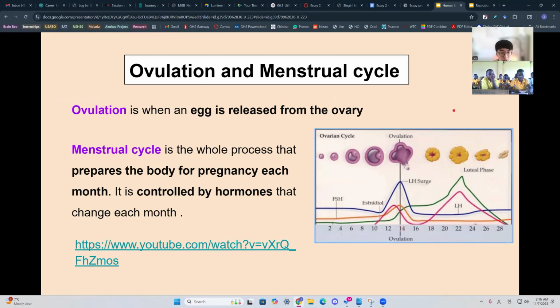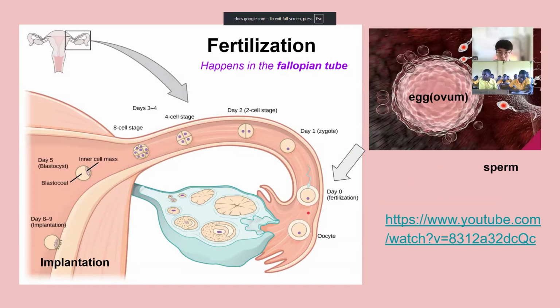So you can see that periods happen, menstruation happens, because there is no sperm that the egg met, so the lining sheds. But if the egg is met, fertilization occurs. So fertilization, we've learned it happens in the fallopian tube.